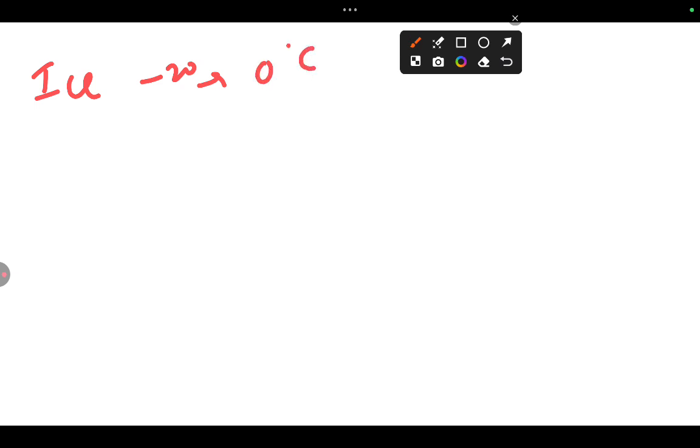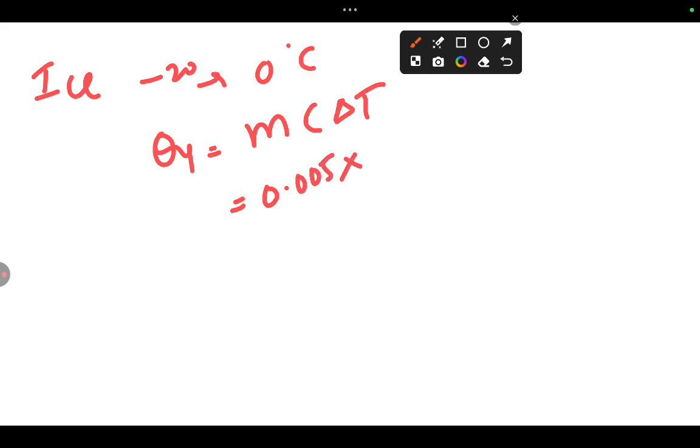Let us consider that the heat undergoes two processes. Q1 equals M ice c delta T. So what is M? M is nothing but 5 grams, which is 0.005 in kg.